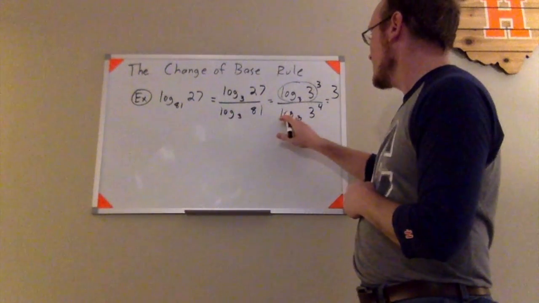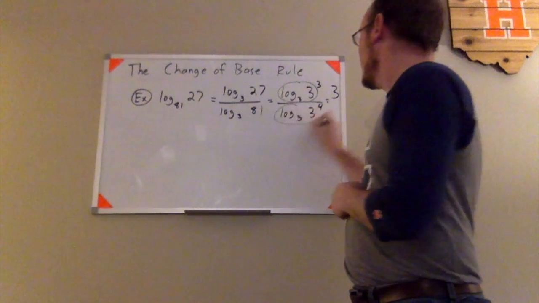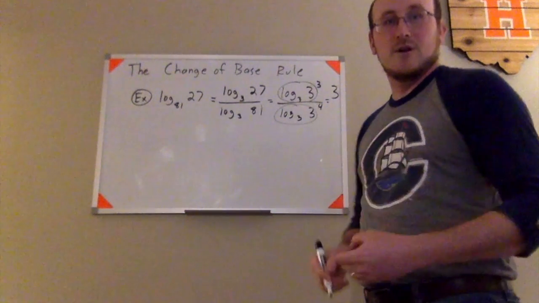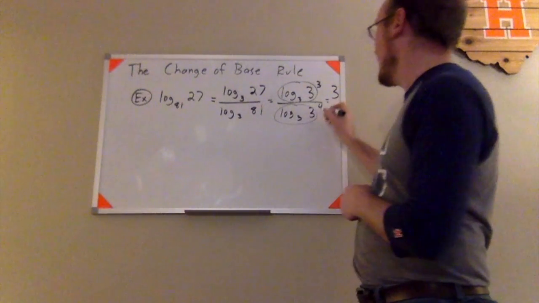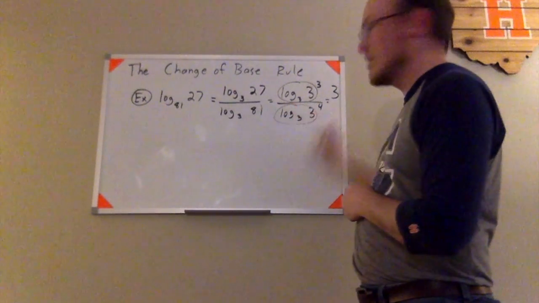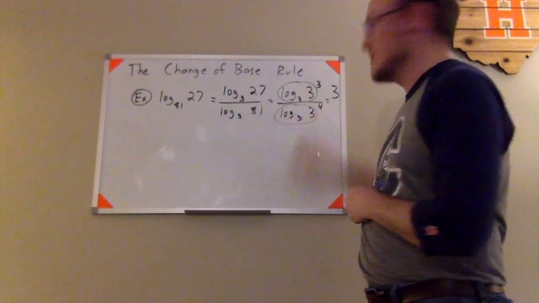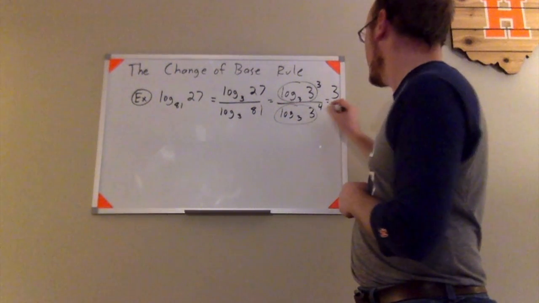Same thing on the bottom. This log base 3 of this base 3 exponential, the base 3 logarithm of 3 to the fourth, would just cancel itself out in a sense. Or you could think of it as if you move the 4 down in front of it to make it 4 times log base 3 of 3. Log base 3 of 3 is actually 1. So it would become 4 times 1.